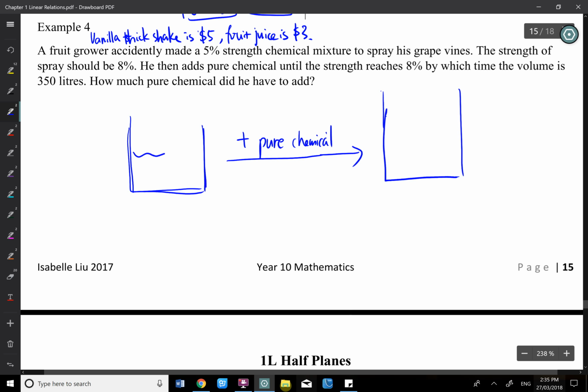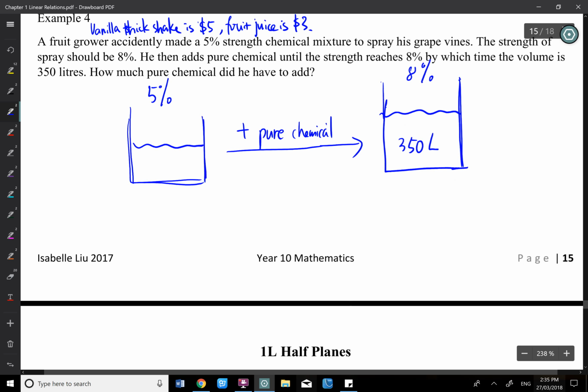The volume was here before, and definitely increased in volume. So the strength of that is 5%. The strength of that is 8%. What else do we know? The volume of that is 350 liters.